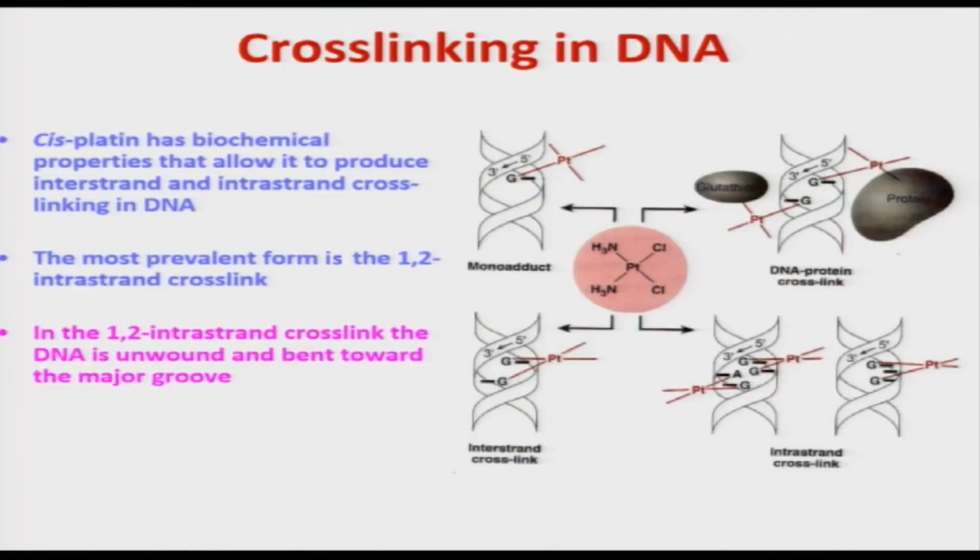Cisplatin has biochemical properties that allow it to produce interstrand and intrastrand cross linking in DNA.